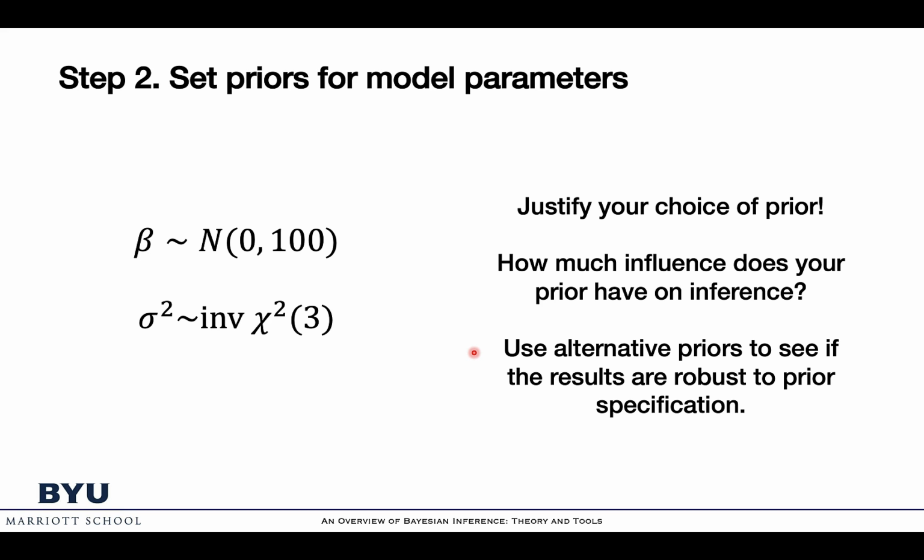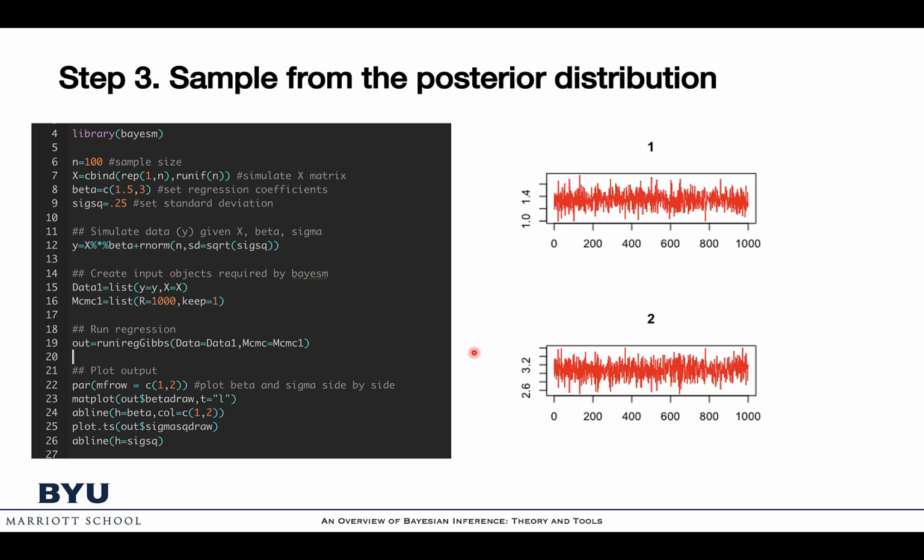So I've specified my likelihood, and I've set priors for my model. The next step is to find a way to sample from the posterior distribution. In this case, I have effectively a regression model with a standard set of priors, so I can use a canned software package. Specifically, I'm doing this in the R statistical computing environment, and I'm using a package called bayesm, which has a lot of routines for doing Bayesian inference in contexts that we use in marketing, including a bunch of regression settings.